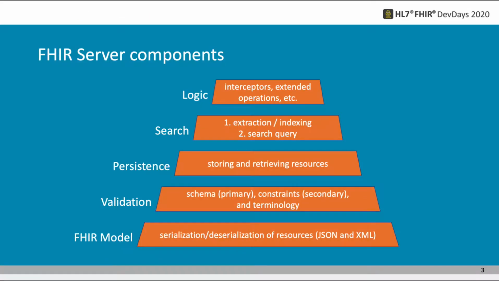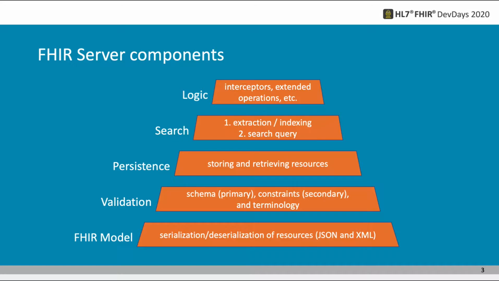So when we look at the IBM FHIR server, these are some of the key components. The model makes up really the base of the server and contains a Java class for each of the different resource types and data types, as well as the parser and generator for reading and writing these resources, both JSON and XML.